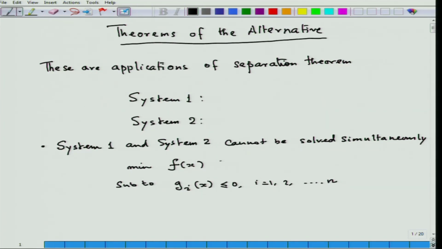Now, let me assume that f and each of the g_i's are differentiable functions, and you already know the definition of differentiability.